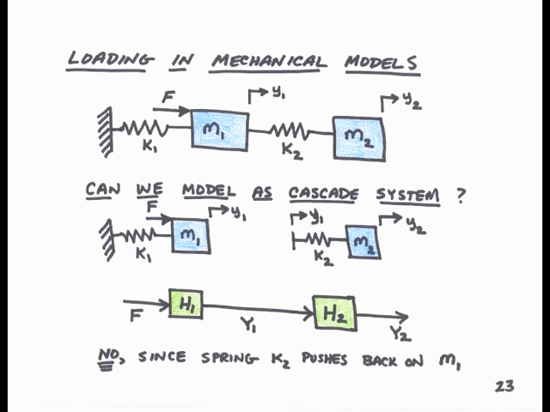We will study in great detail how to make mechanical models of systems like this in later presentations. At this point, I just want to identify the issue of loading to you, to have you keep it in mind. It's always important to consider when you're making interconnections of block diagrams.